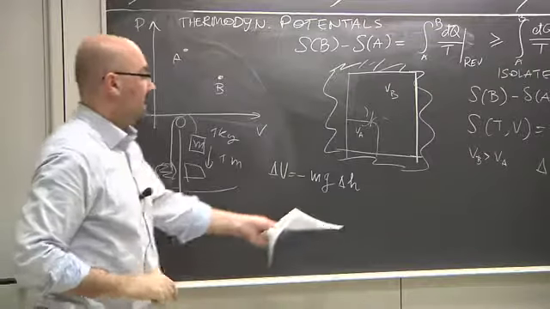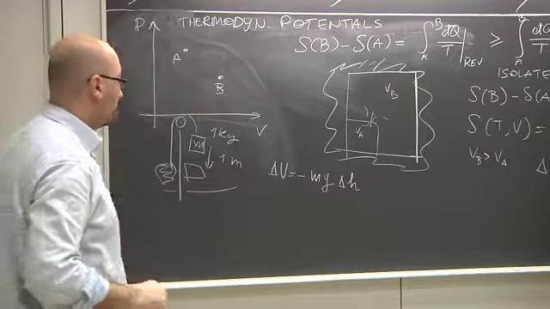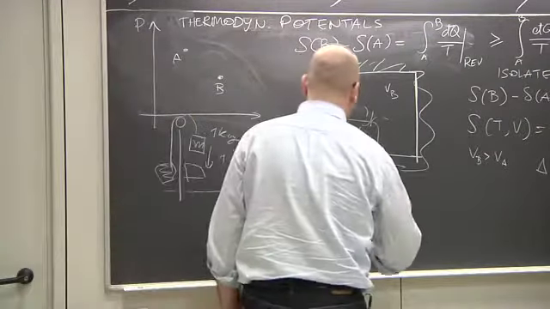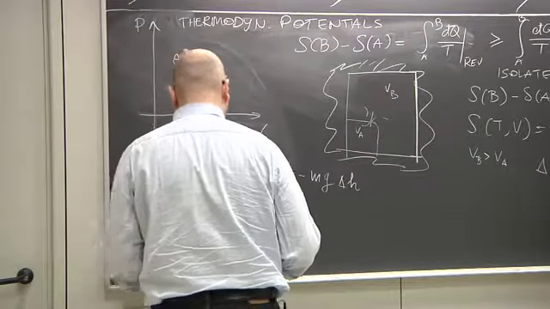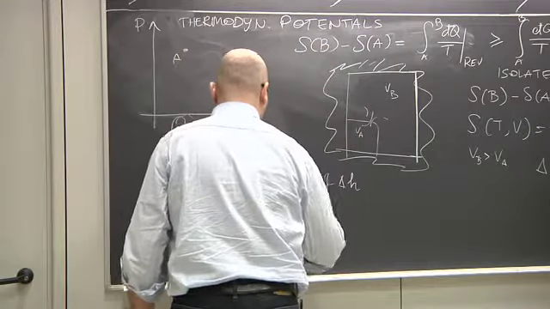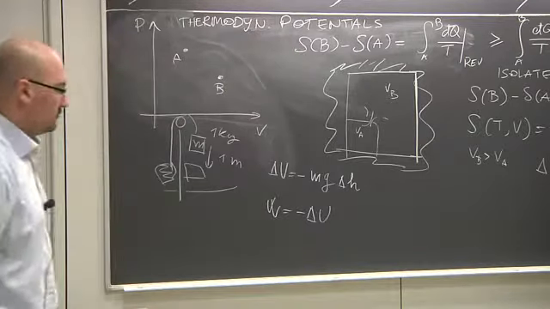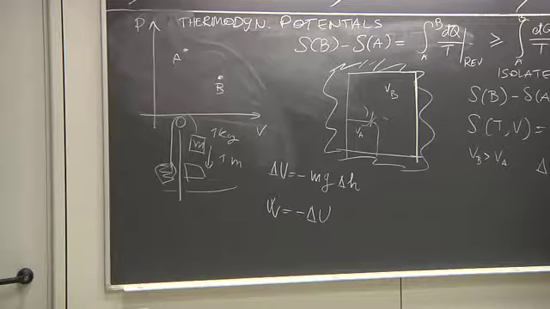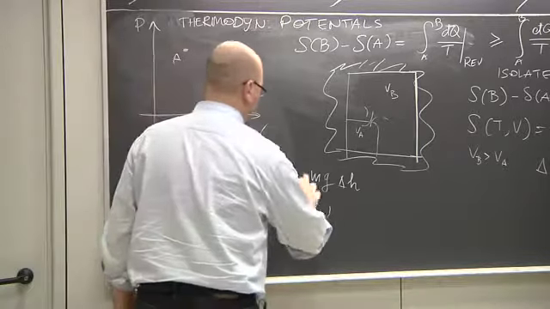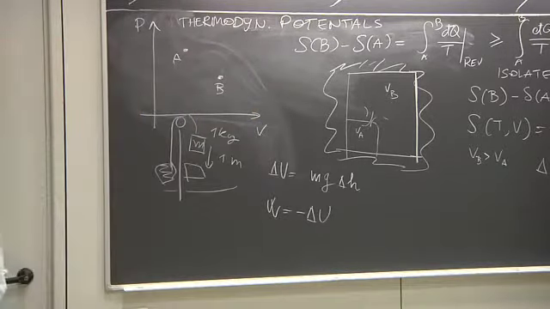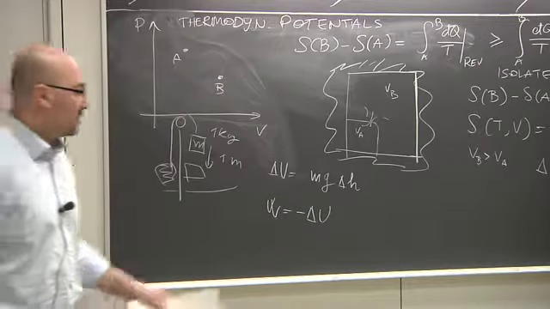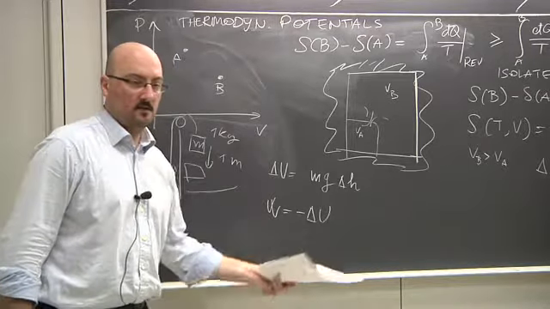Delta h will be negative, and the potential will increase. And so we get the work done by the system. Okay, so we have some work done by our system.